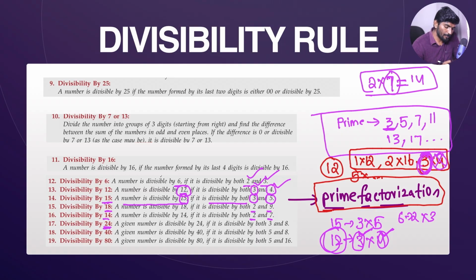And next, 24. What is the rule for 24? A given number is divisible by 24 if it is divisible by 3 and 8. The number should be divided by 3 and 8. So you have to be strong with the fundamentals. You must know about 2, 3, 4, 5, 6, 7, 8, 9.